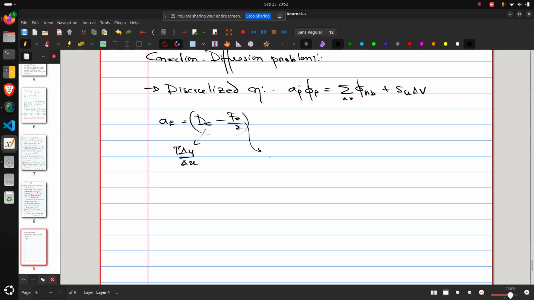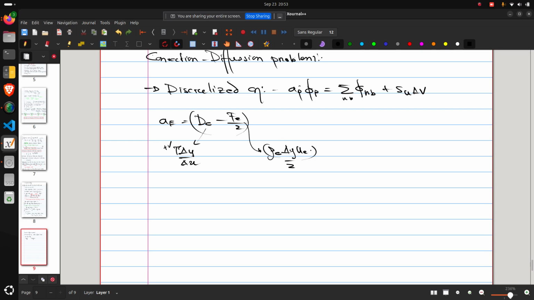Fe is nothing but rho e delta y times UE, right, divided by 2. So here all of the terms are positive, because gamma is also positive, delta y and delta x have to be positive. But here, rho e and delta y are positive.